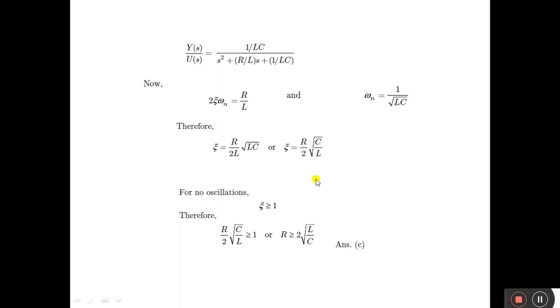For no oscillation, the damping value is greater than or equal to 1. So you can equate that, damping value greater than or equal to 1, and you will get the R value directly. So R is greater than or equal to 2 square root of L by C. Option C is correct for this question when there are no oscillations.